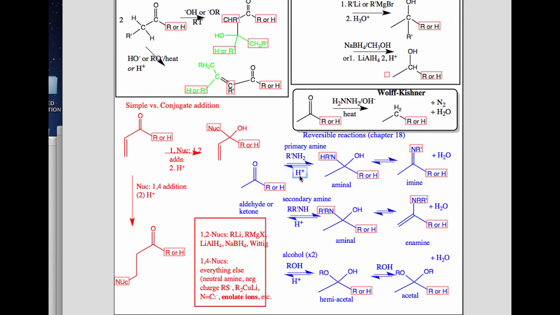Since they're neutral, they require a strong mineral acid for addition, and they make new compounds, new functional groups: amines, enamines, and acetals. We will also look at aldol reactions. Aldol reactions are ones in which we have a carbonyl with an alpha hydrogen that can be removed by a base to make an enolate ion, and then the enolate ion becomes the active reagent for nucleophilic addition.